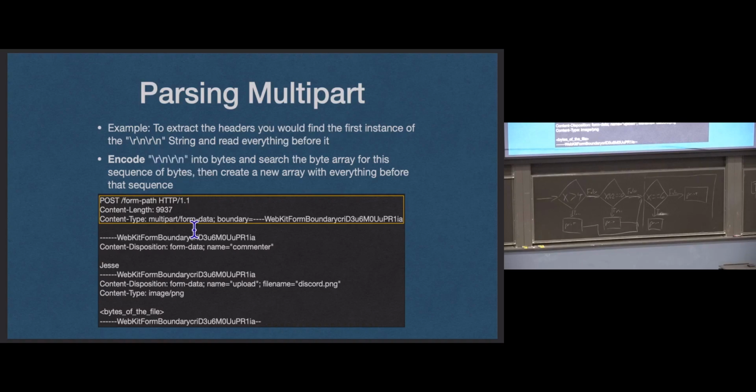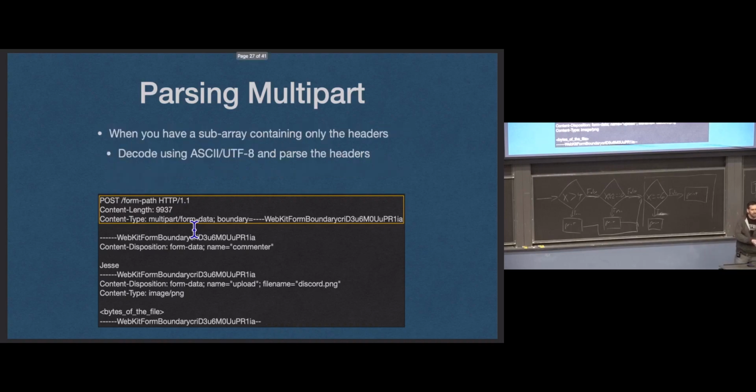Everything before the first occurrence of this sequence is going to be the headers. HTTP guarantees that. The browser is going to enforce that. So everything before that is headers. And what do we know about headers? ASCII only. Once you get everything before this first \r\n\r\n, it's all headers.